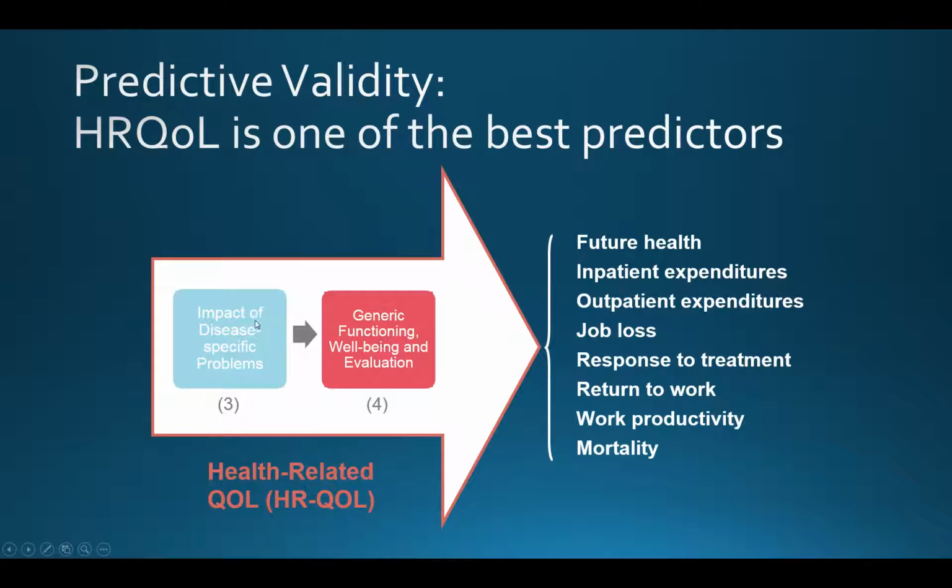And patients' responses in these two different domains have been extremely accurate in predicting future health, inpatient expenditures, outpatient expenditures, job loss, response to treatment, return to work, work productivity, and mortality.